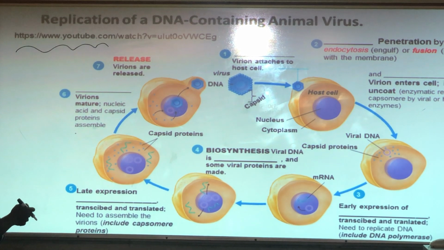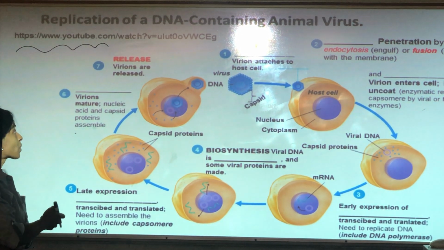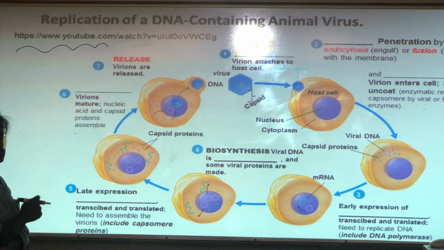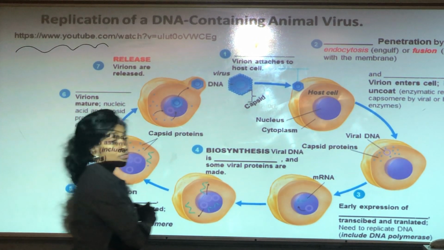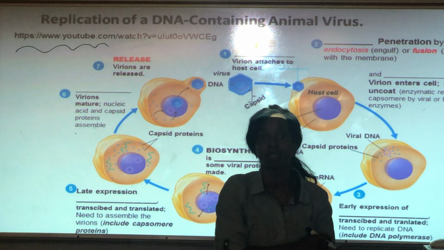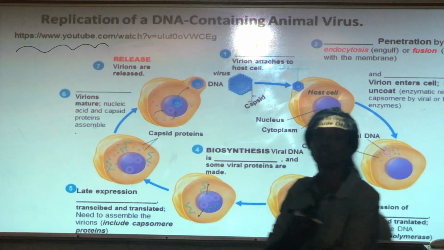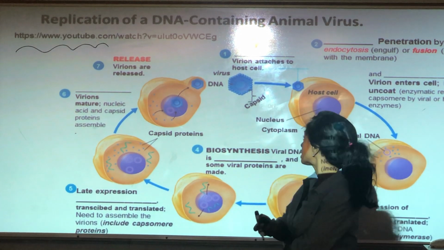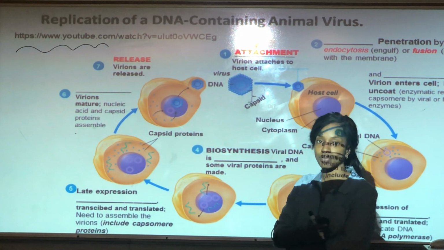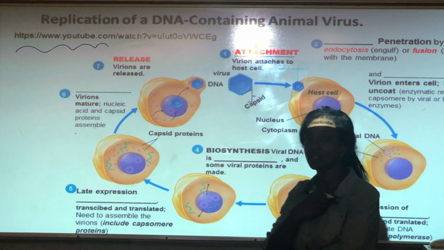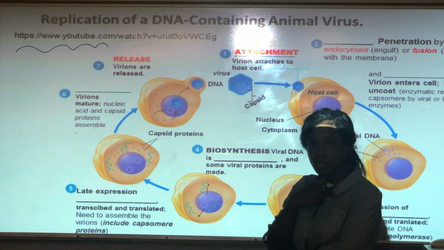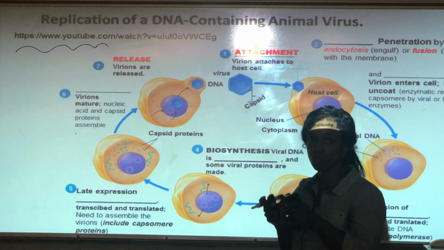So in looking at this, where do we start? What's most important right here? This is the most important step of the infection process of viruses. And why is this most important? This allows the virus to get inside the host cell. So what step is this? This is attachment. The virus has to attach to its host cell.